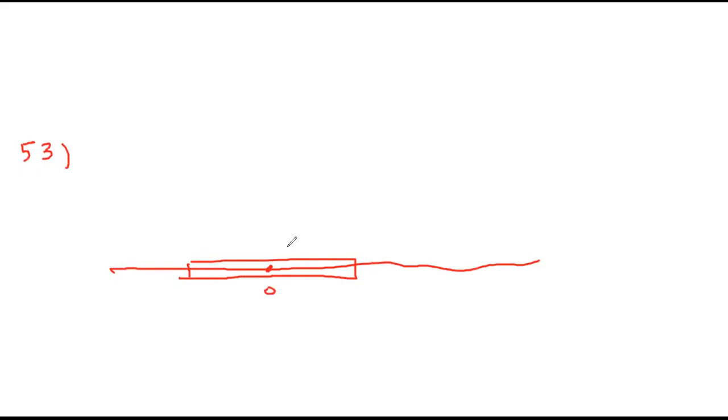An electric dipole is placed along the x-axis at the origin O. A point P is at a distance of 20 centimeter from the origin such that OP makes an angle of pi by 3, that is 60 degree, with the x-axis. If the electric field at P makes angle theta with the x-axis, what is the value of theta?